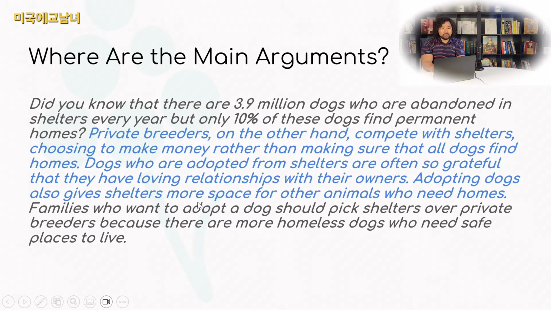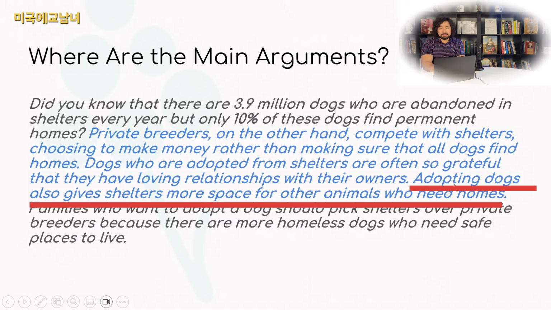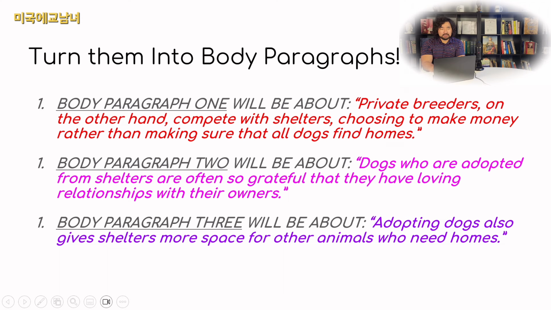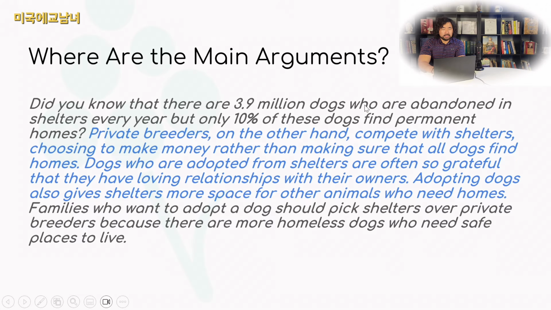Then the third one, starting with adopting dogs here: adopting dogs also gives shelters more space for other animals who need homes. Alright, so as you can see, those are the main ideas.